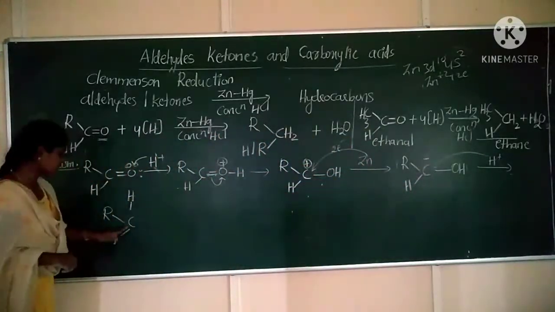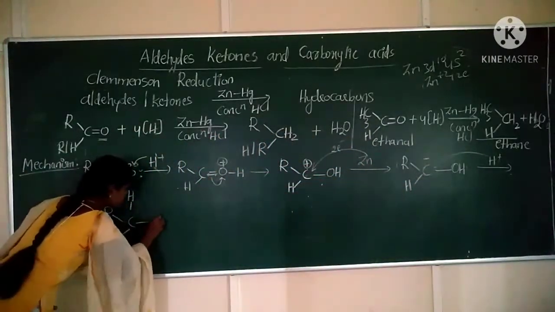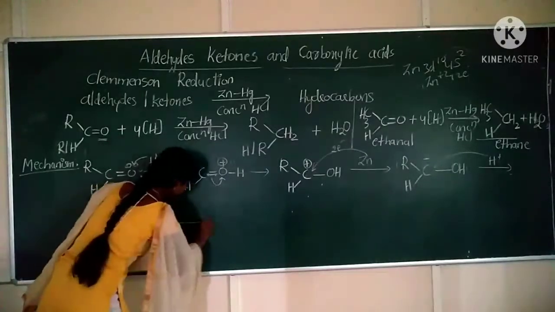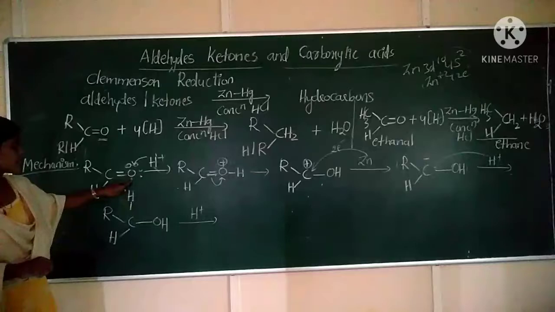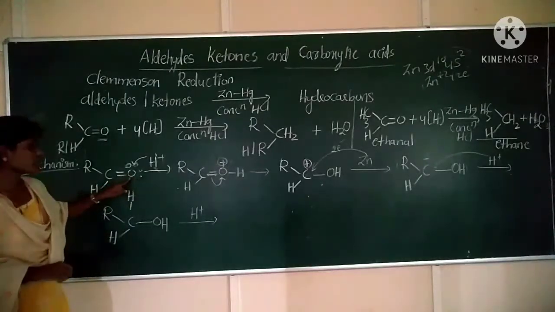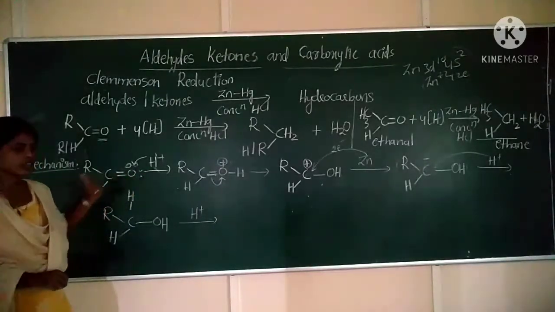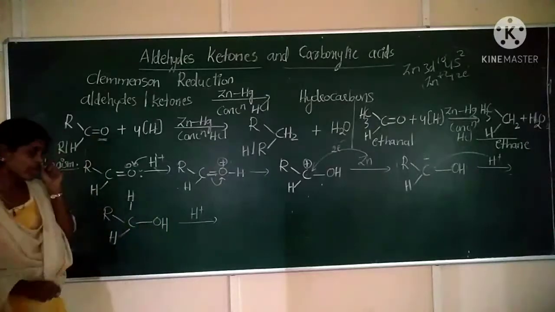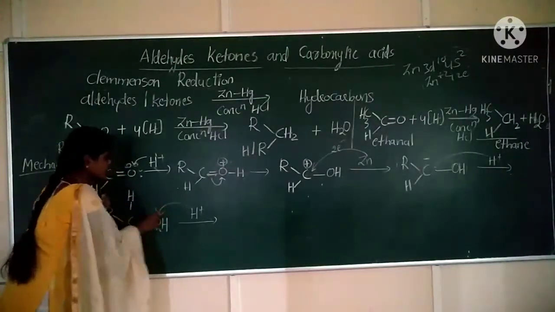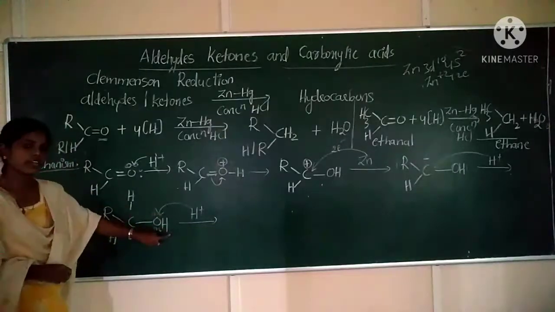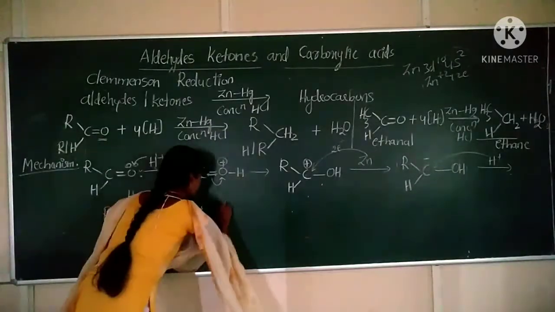Next R C H H. Again we have an OH. The first time, oxygen took a proton. Now second time, this oxygen is having a lone pair and this lone pair takes a hydrogen ion. So what will be the molecule?